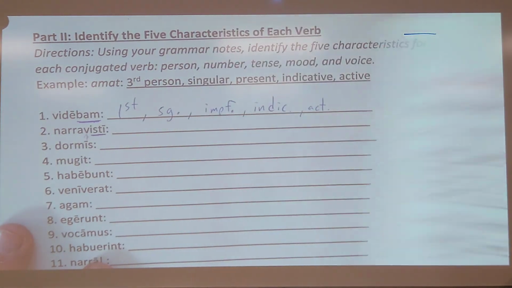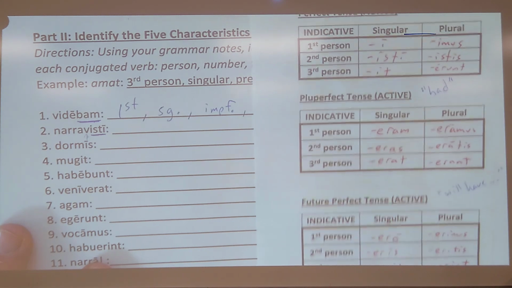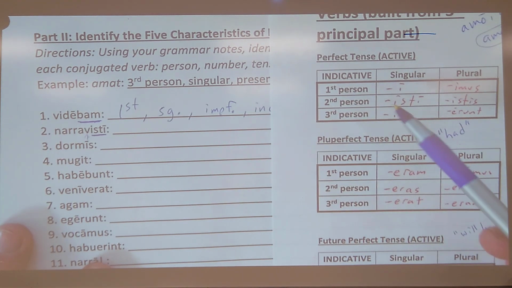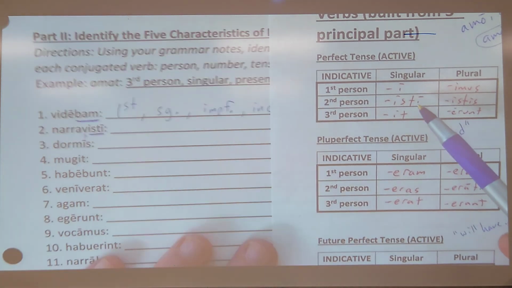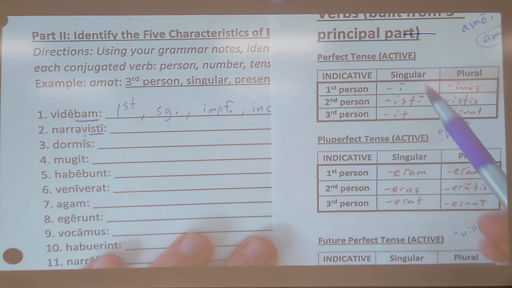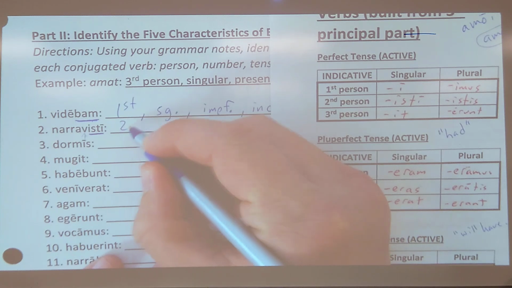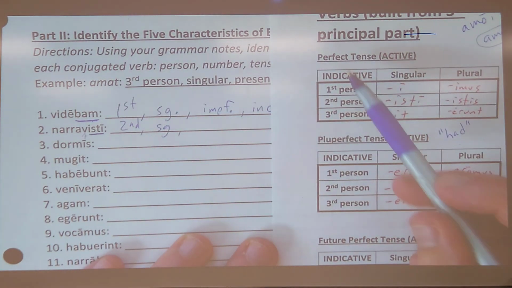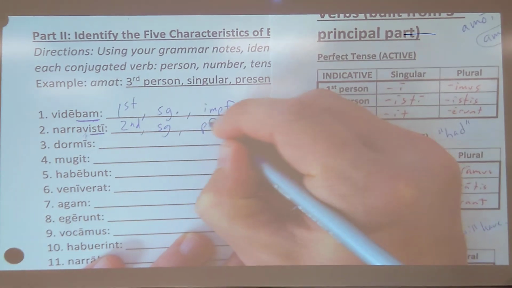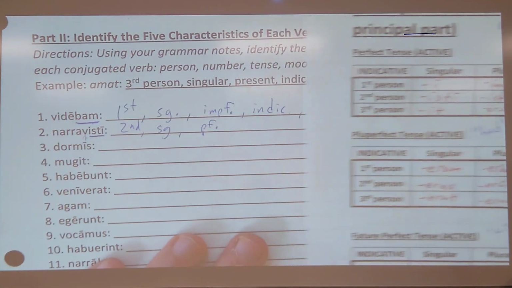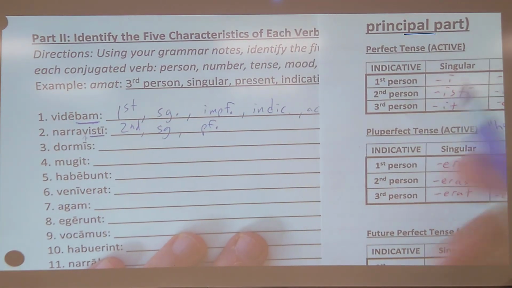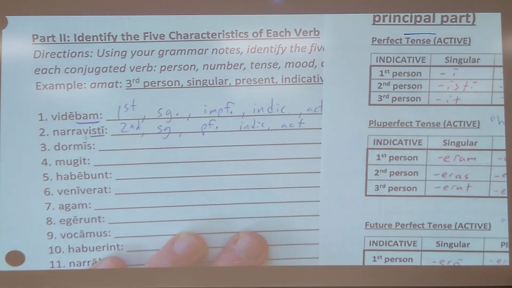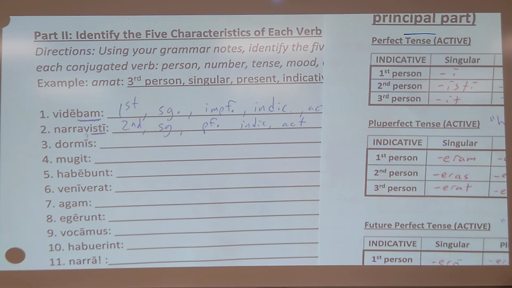So we can look on the back side of our sheet. And let's see, do we see isti anywhere? Oh, there it is. So we see that it's second person, singular. It's perfect. We can just say PF or write perfect. It's indicative, active. Excuse me. And number 2 is done.